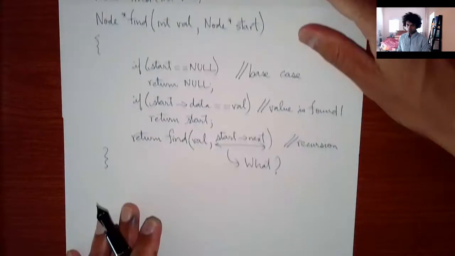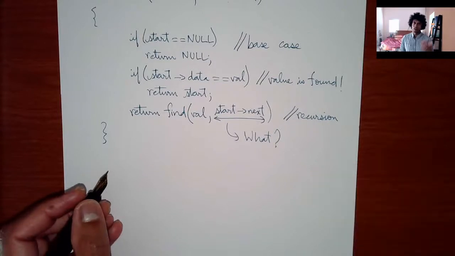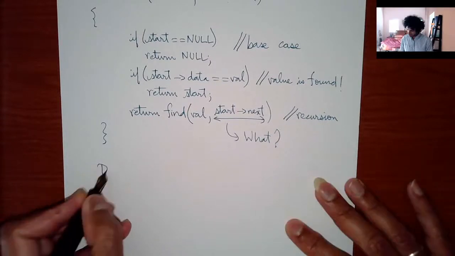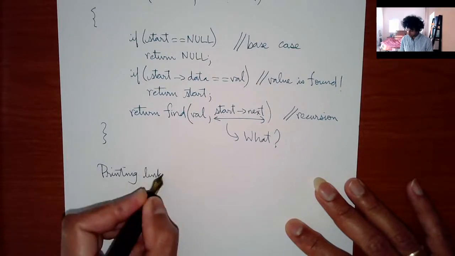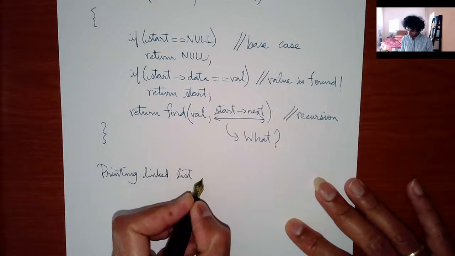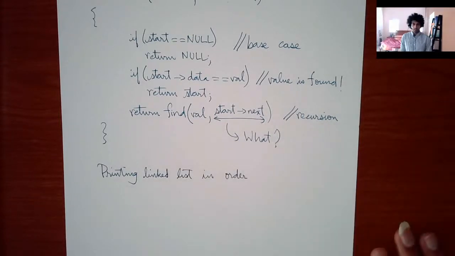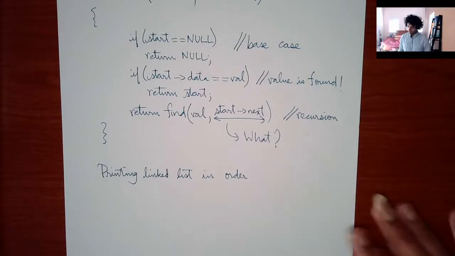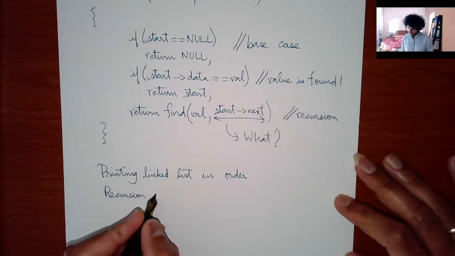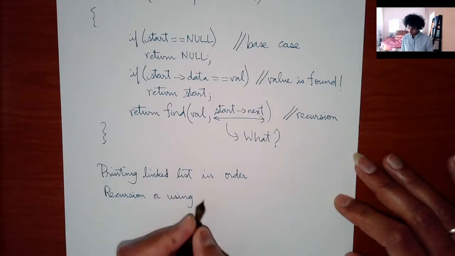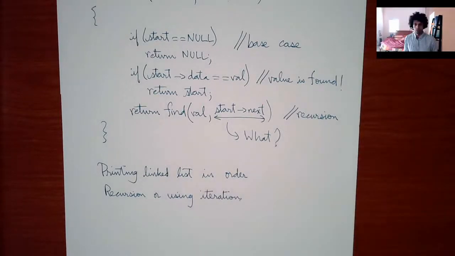And at this point, what I would like you to do, just as an exercise, and I also have this written up, is printing the linked list in order. And again, you can do this using recursion, as I did above, or using iteration. Make sure that you're familiar with both of these methods.